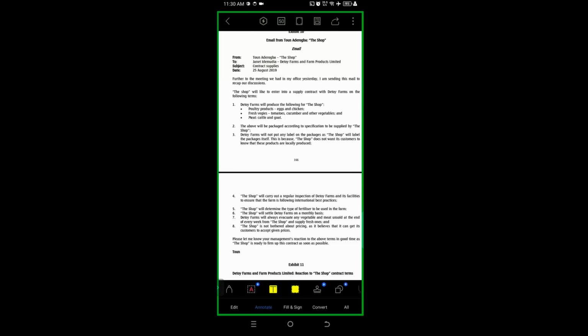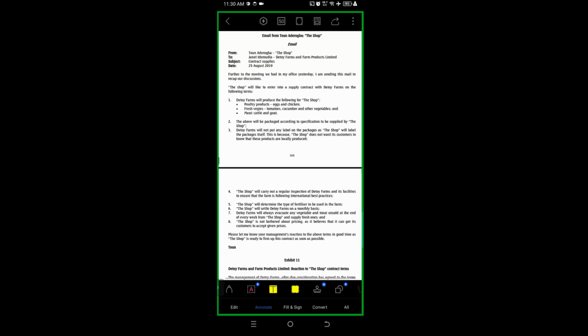Now the shop would like to enter into a supply contract with Detroit Farms on the following terms. The first one says Detroit Farms will produce the following for the shop, and they have listed those items properly.